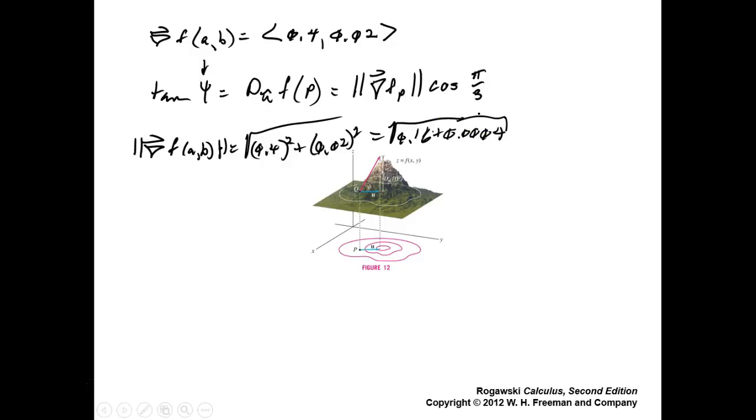Have to go to 4 decimals there, right? So this is going to be the square root of 0.1604. Not going to be a lot different from 0.4, but see what you get. The square root of 0.1604. I got, in my calculator, 0.400?